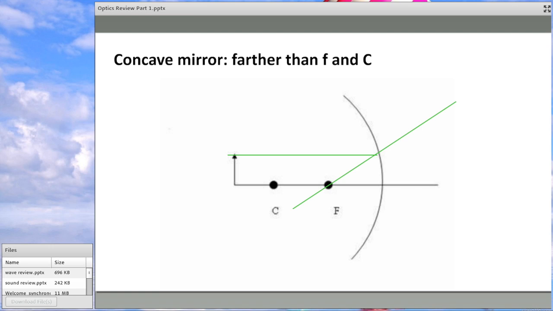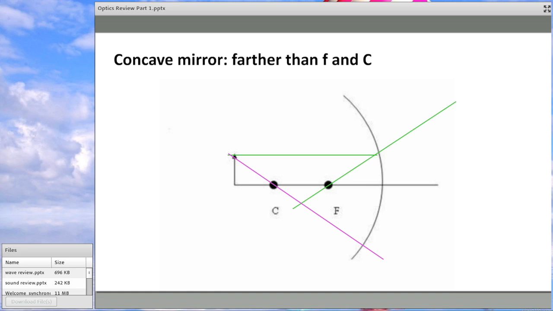The next one is going to go straight from the top of our, see, I have to start kind of lower. This tool just isn't as exact as I would like it to be. We'll go with that. And you're going to go through the focal point, or the center of curvature. That's what that guy's called.